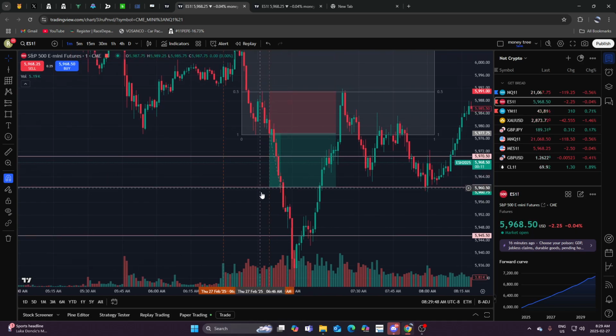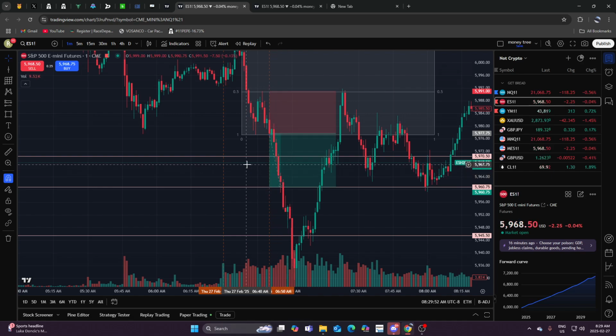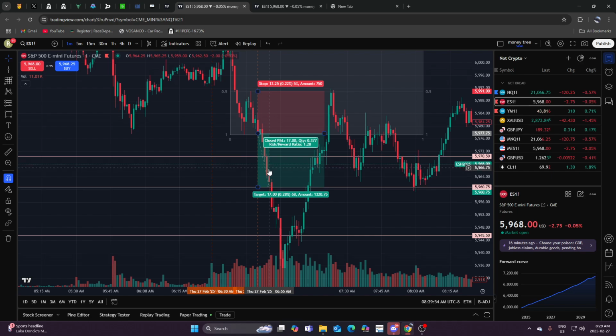And this is where I had my take profit set originally, except where I went wrong is as market was going down, if we closed below this low, I was going to move my stop loss to this, my first take profit. And I had my stop loss moved there, and I completely forgot I had my take profit set here.